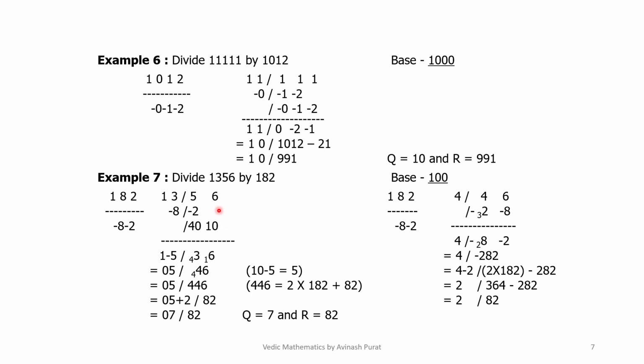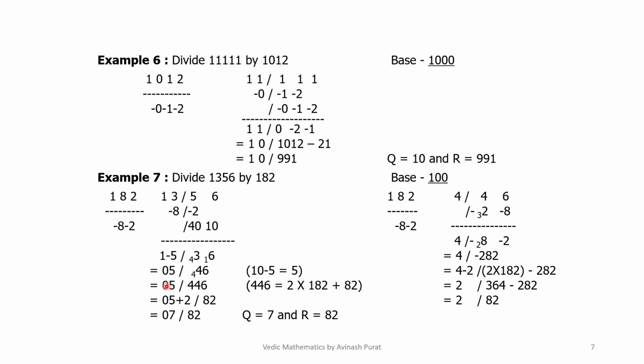Now 6 plus 10 is 16. 40 plus 5, 45 minus 2, 43, and 1 minus 5. Now 10 minus 5 is 5, and here it is 446.